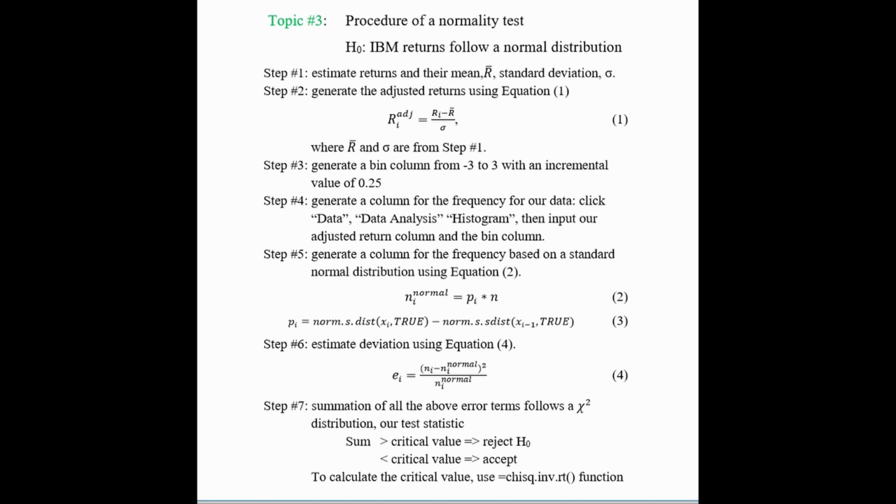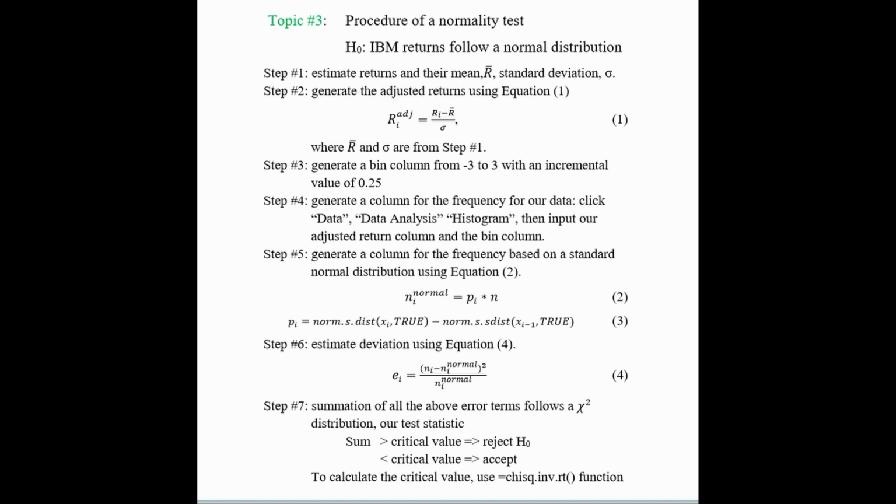Step 4, generate a column for the frequency of our data. Click Data, Data Analysis, then Histogram. Input our adjusted return and the bin columns.